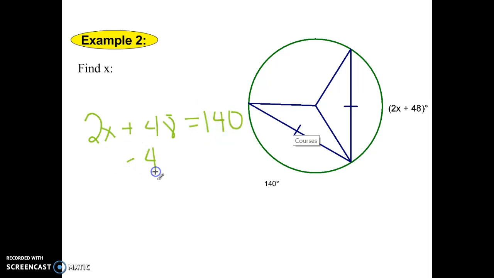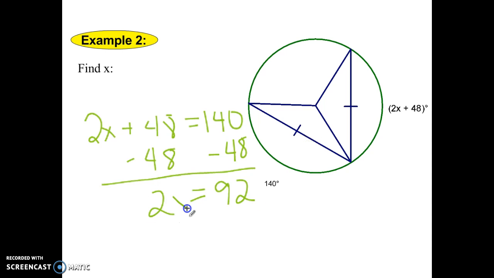I subtract 48 from both sides. We end up with 2x equals 92, and x equals 46.